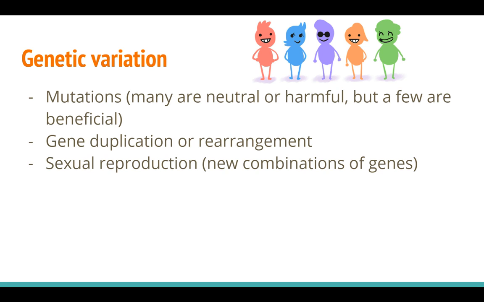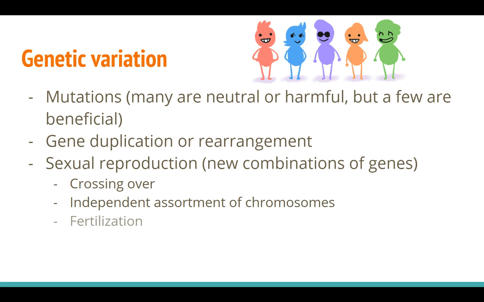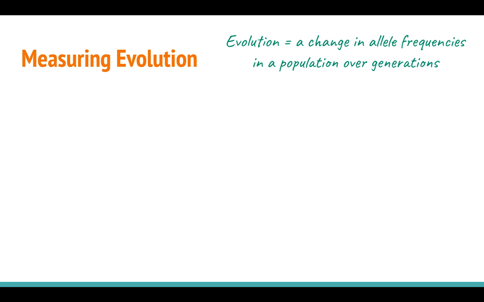So at a lot of different levels, the process of sexual reproduction creates new combinations of genes. And even if the genes themselves don't change, it might be advantageous to have a particular combination of traits in that environment. I think I probably just talked about some of those: a whole bunch of different things within the process of sexual reproduction that can increase the variation.